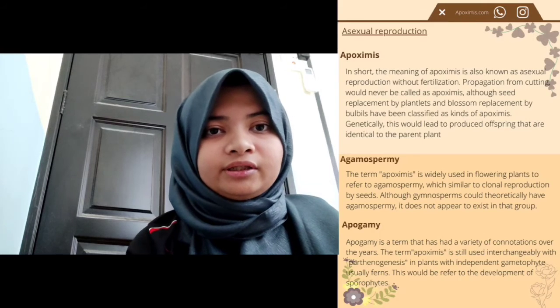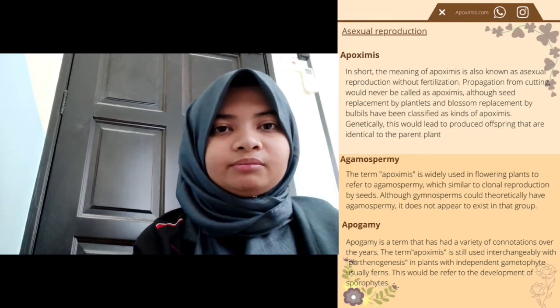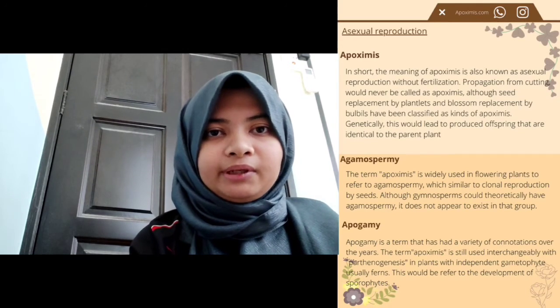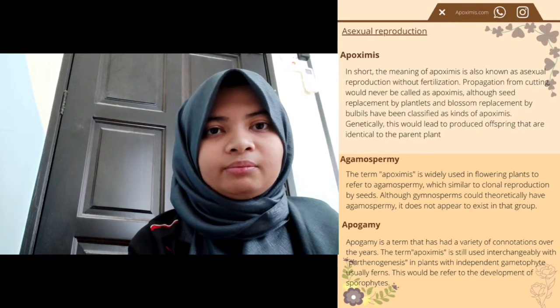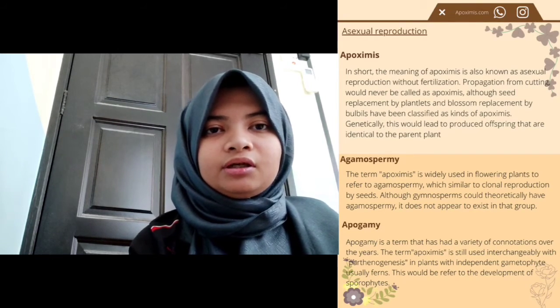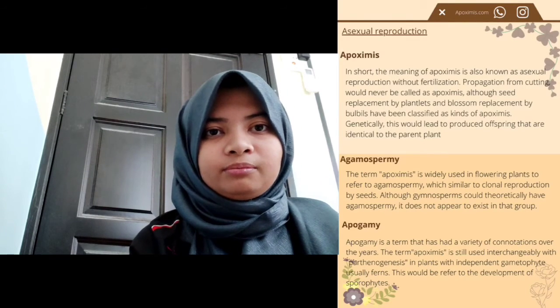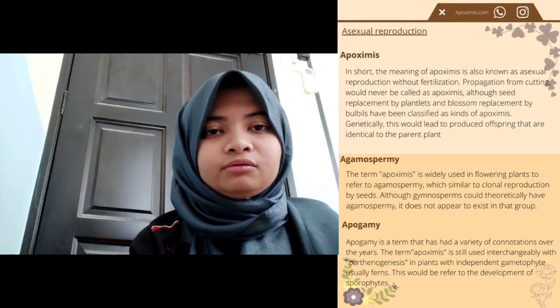There are two categories to be described, agamospermy and apogamy. Agamospermy refers more to flowering plants, reproduction in cloning. The apogamy term is mentioned in non-flowering plants such as fern. Clonal propagation without seed, called sporophytes, that look similar to the parent.